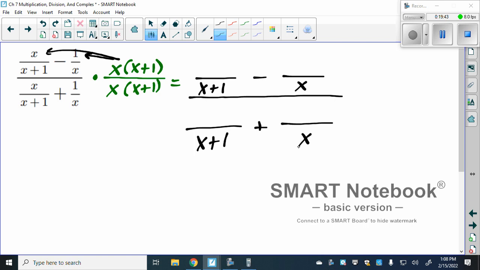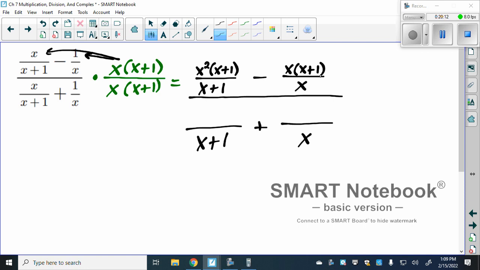So here the x times x plus 1 is being multiplied with the x. And x times x would give us x squared times x plus 1 for our first one. Now in the second numerator, it's being multiplied by 1, so we'll just get x times x plus 1.